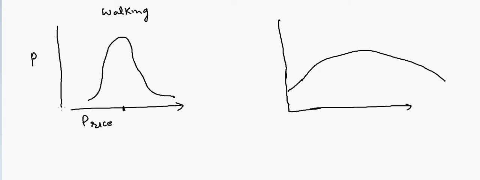In the walking case it is less likely that it will go farther. So this is probability, this is price, this is the current price, and this is also the current.